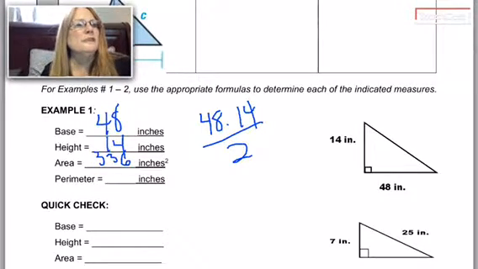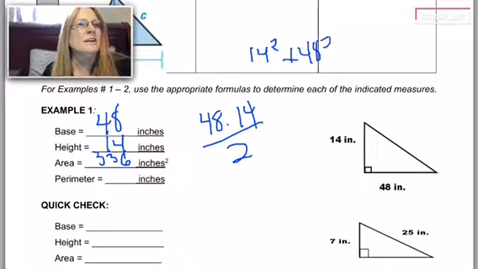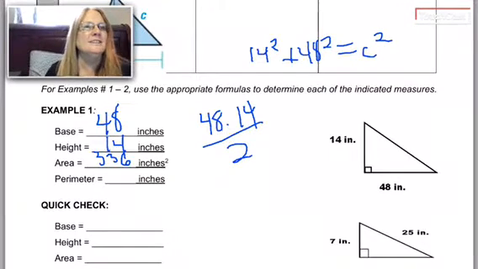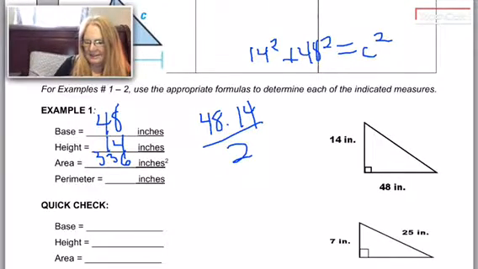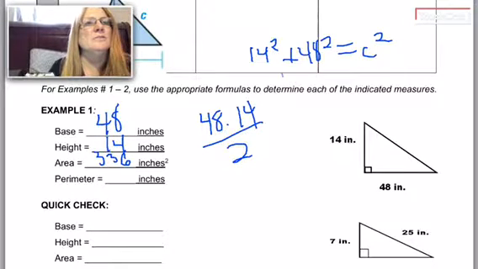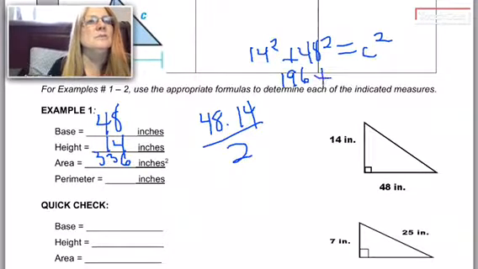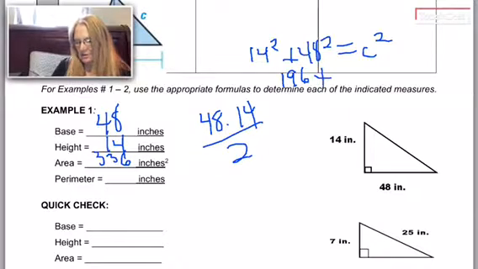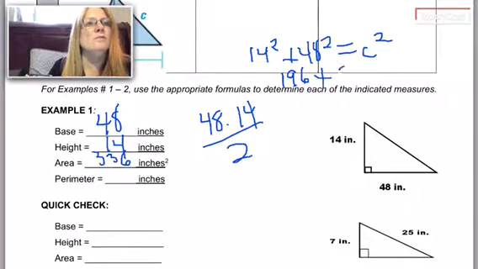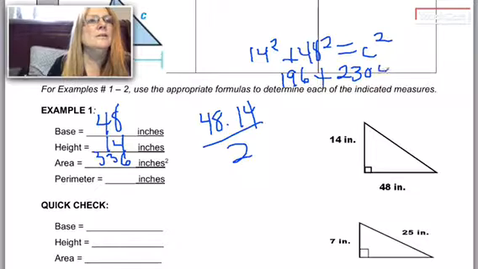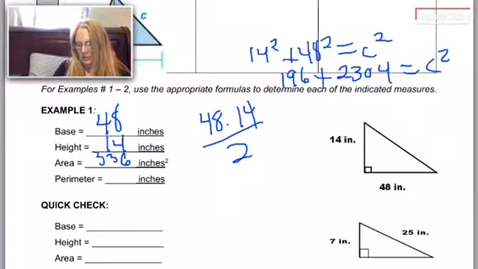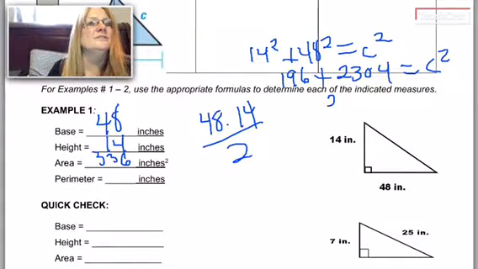Now to get the perimeter, we need to find this side, so that would just be the Pythagorean theorem. 14 squared plus 48 squared equals c squared. I believe this is a Pythagorean triple, but it is not one that I remember. So 196 plus 2304 equals c squared. 2304 plus 196 is 2500.